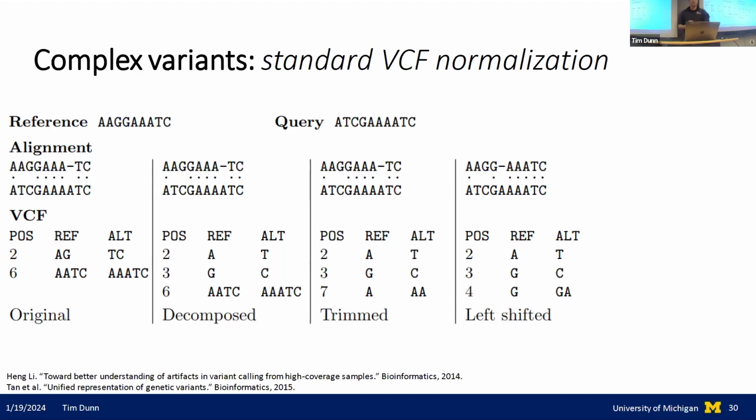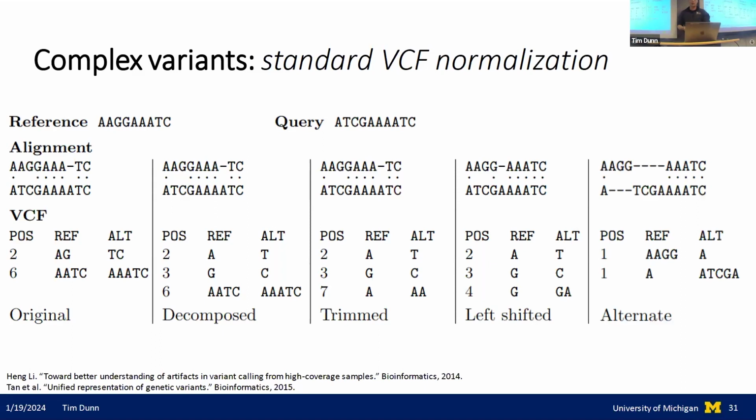And the problem comes once you start working with complex variants. So if you have multiple variants that are all nearby one another, then suddenly there's multiple different ways to represent this change. So here's another example where the reference and query sequences are the exact same, and you're only changing the alignments and therefore the variant representations.